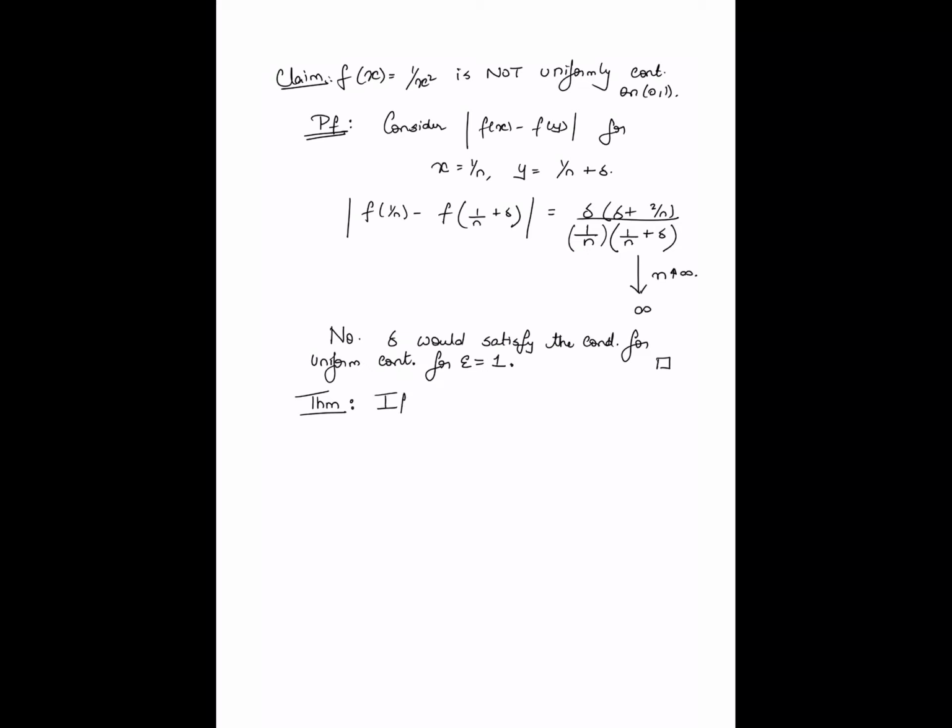If f is continuous on a closed interval a, b, then f is also uniformly continuous on a, b. So if you have continuity on a closed interval of the form a comma b, then you also have uniform continuity.